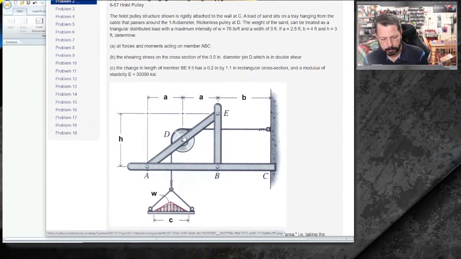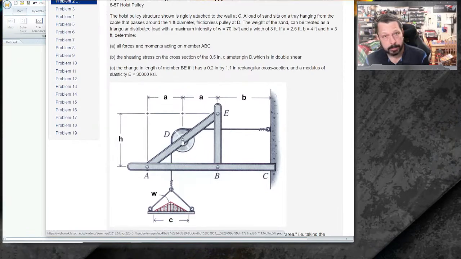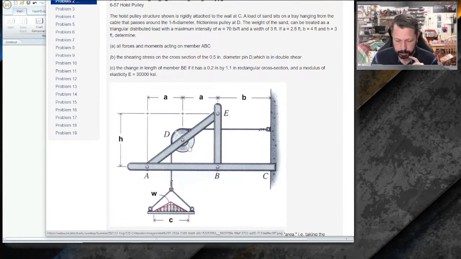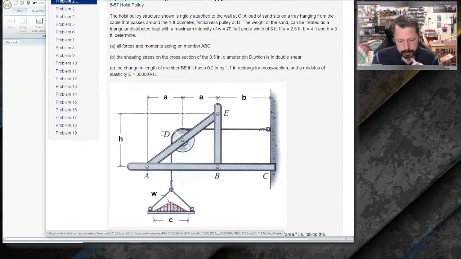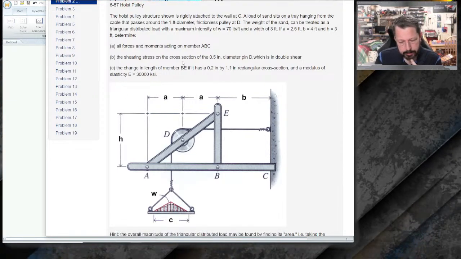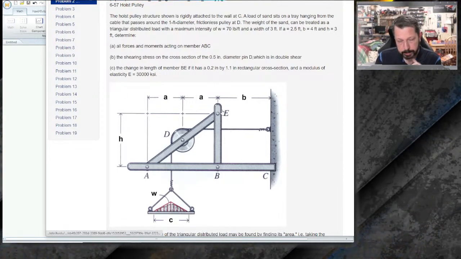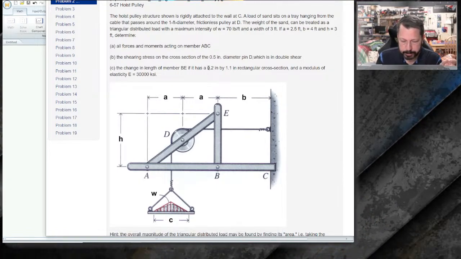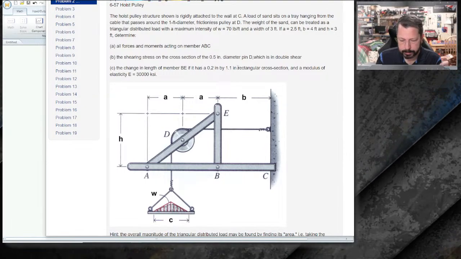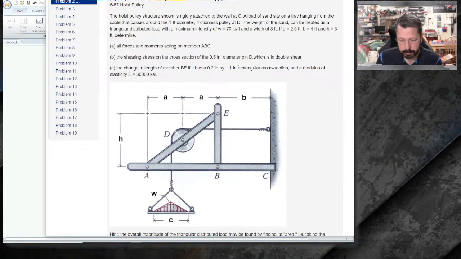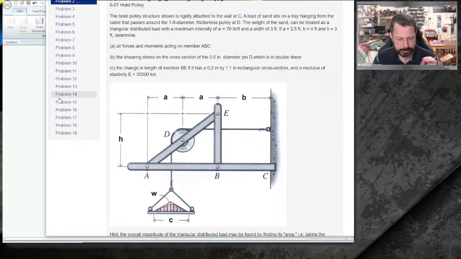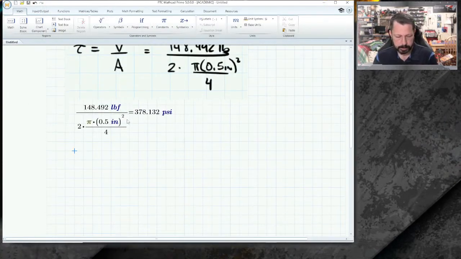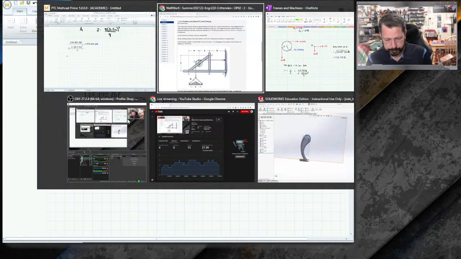We're all but one thing left. So that was the double shear on the pin at D in the center of that pulley. The last thing they want is the change in length of member BE, so this vertical piece, which we decided was a 2-force member, if it has a 0.2 inch by 1.1 inch rectangular cross section, and it gives us the modulus of elasticity.